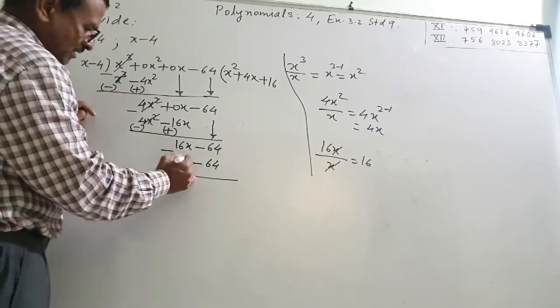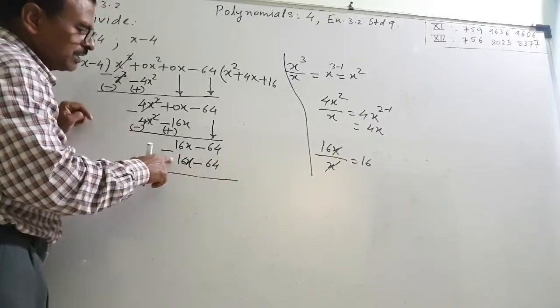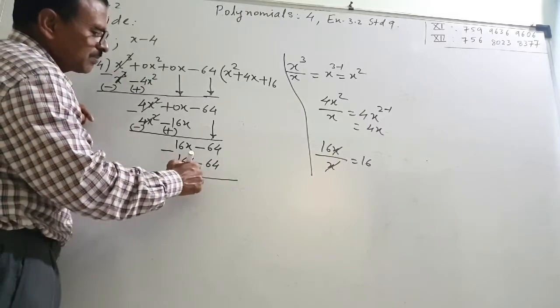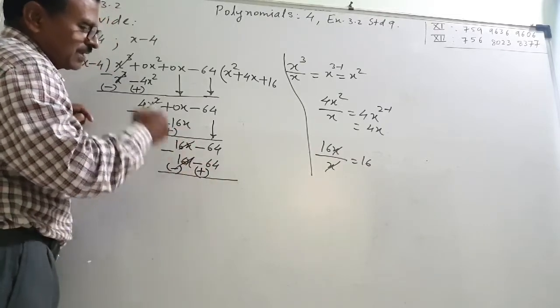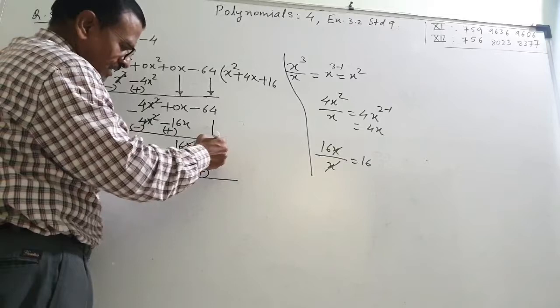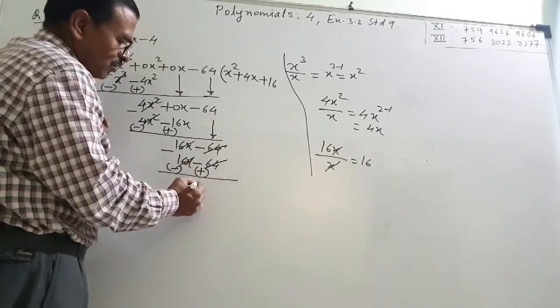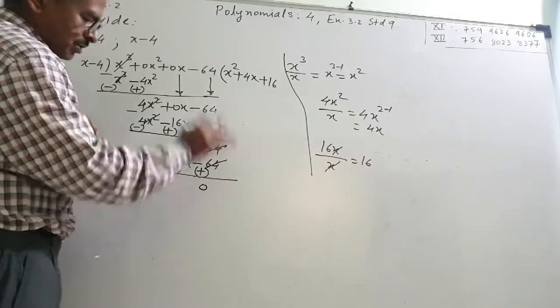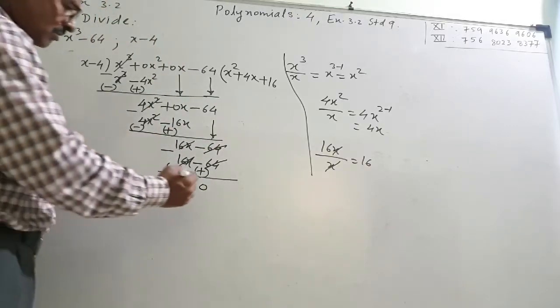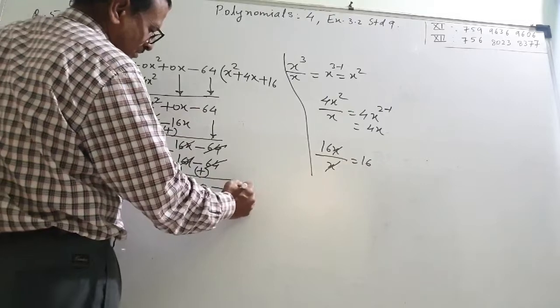Minus 16x remain. So this is plus, it will become minus. This is minus, it will become plus. 16x minus 16x is 0. Minus 64 plus 64 is 0. So remainder is 0. This 0 is called the remainder.